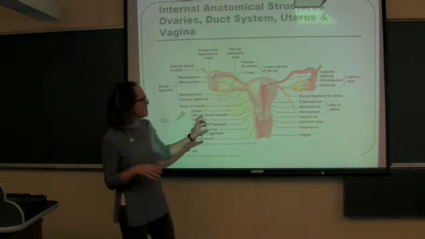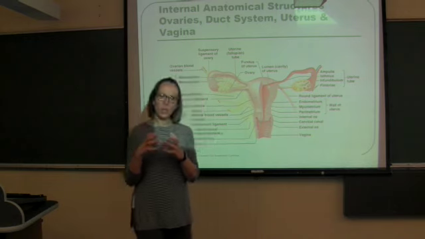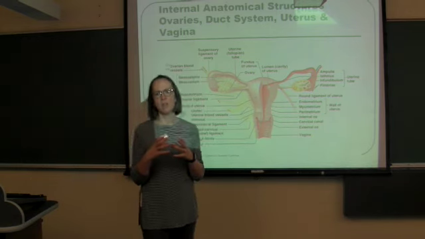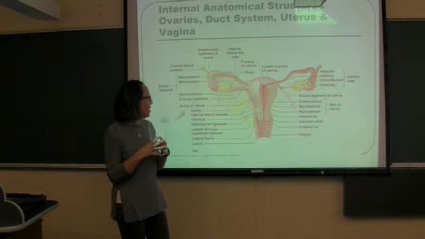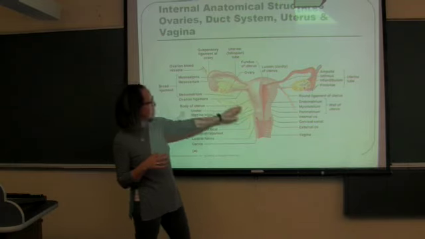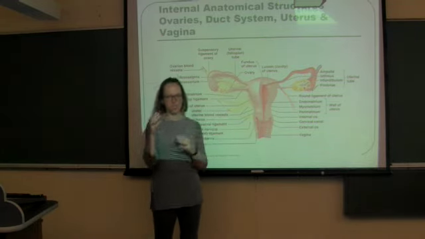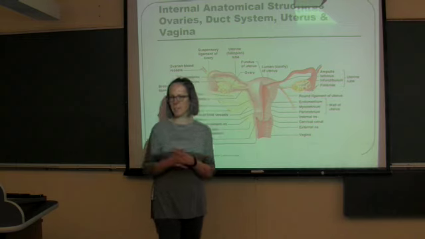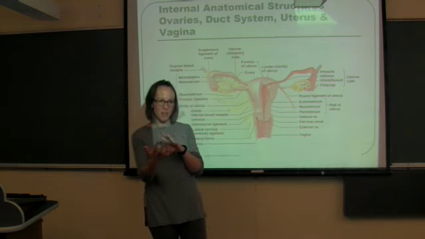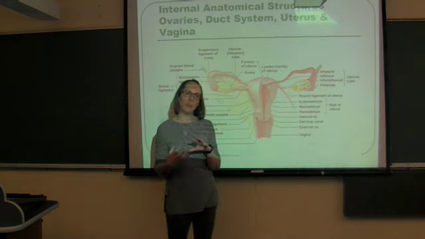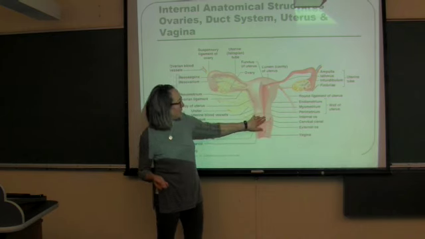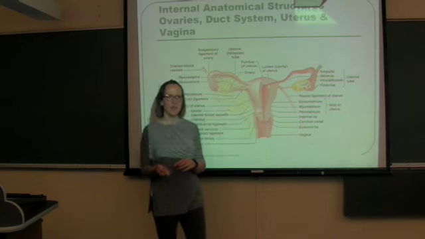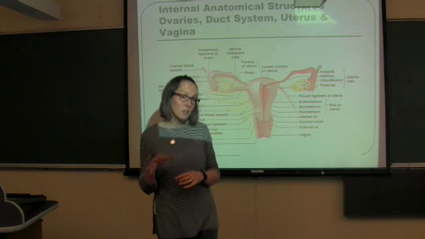The uterus has an opening, but it's a pretty thick muscular structure. Okay? And then the tip of the uterus is the cervix. So the cervix isn't really a separate structure per se, it's the tip. And it's a pretty narrow opening in the center of the cervix.